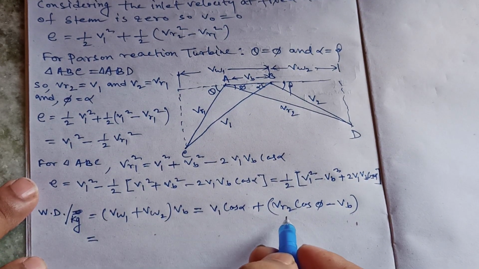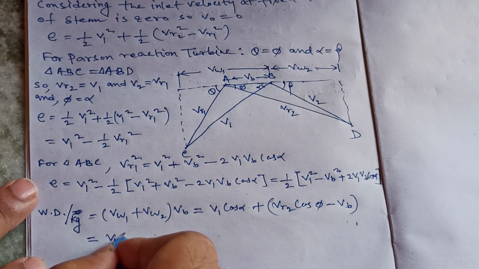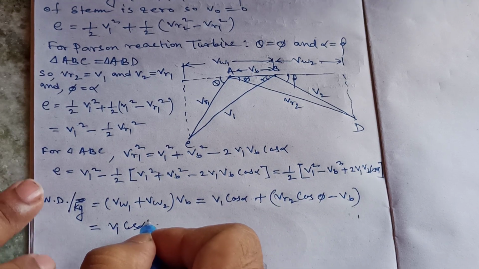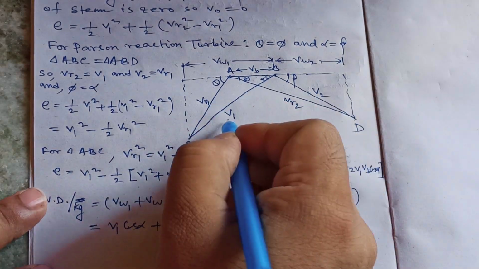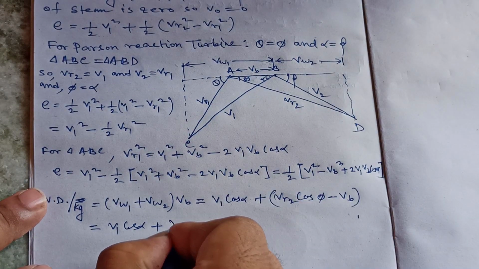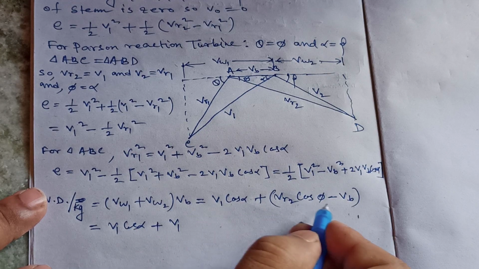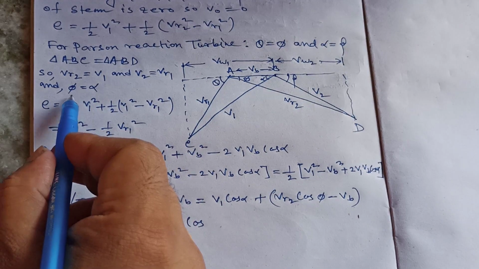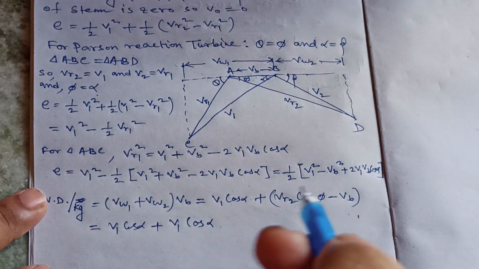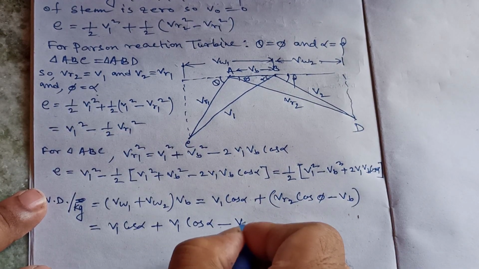Now this is V1 cos alpha plus VR2. VR2 means V1 cos alpha, cos phi, and this phi equals alpha, so this is cos alpha, minus VB.